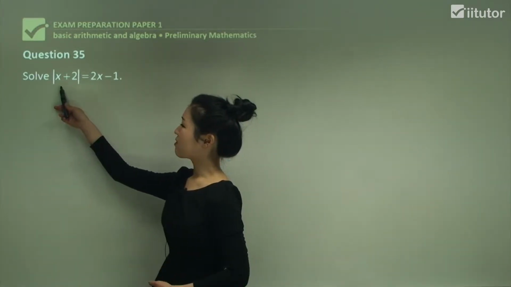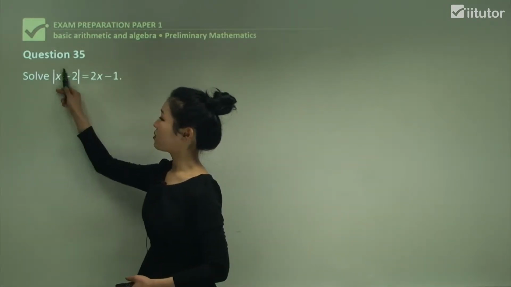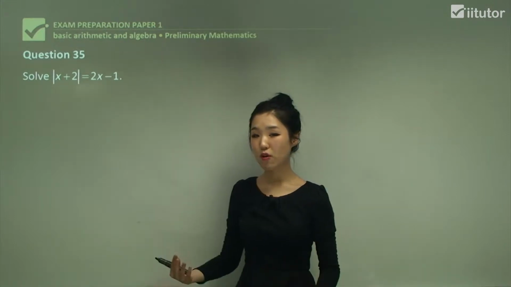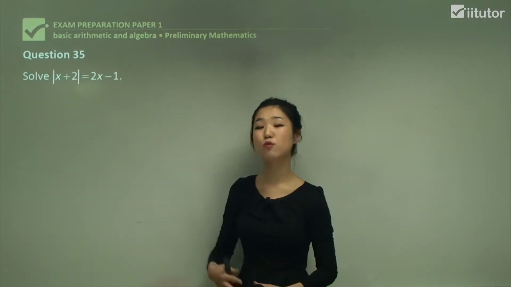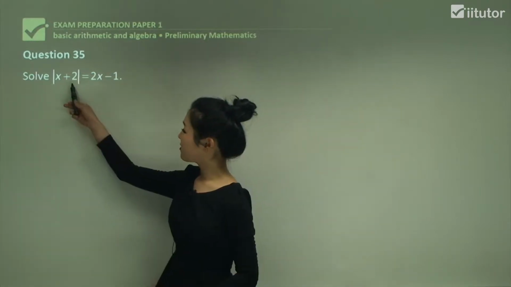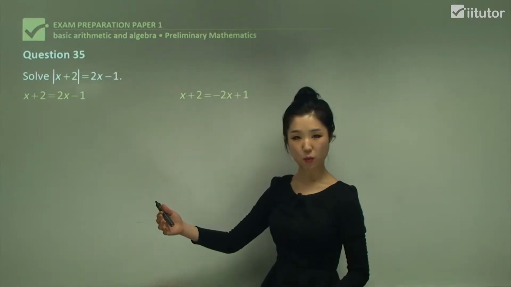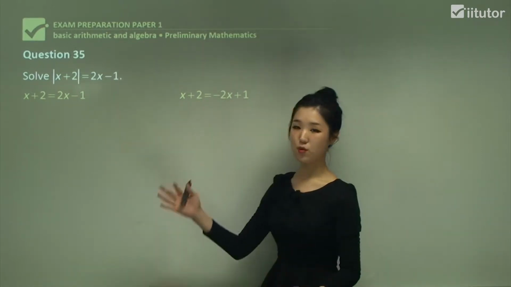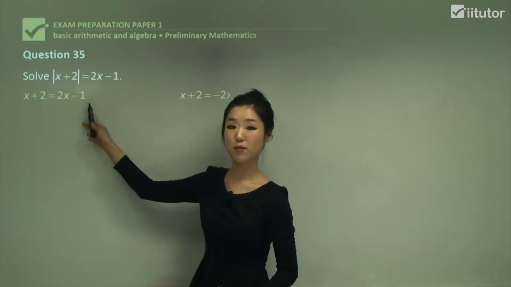If the absolute value of x plus 2 equals this, the inside here, the x plus 2, can be positive or negative, because the outcome, no matter what the inside is, will become positive. So the inside here, x plus 2, could be positive 2x minus 1, or negative 2x minus 1. So this is positive 2x minus 1, so it's just 2x minus 1 as it is.